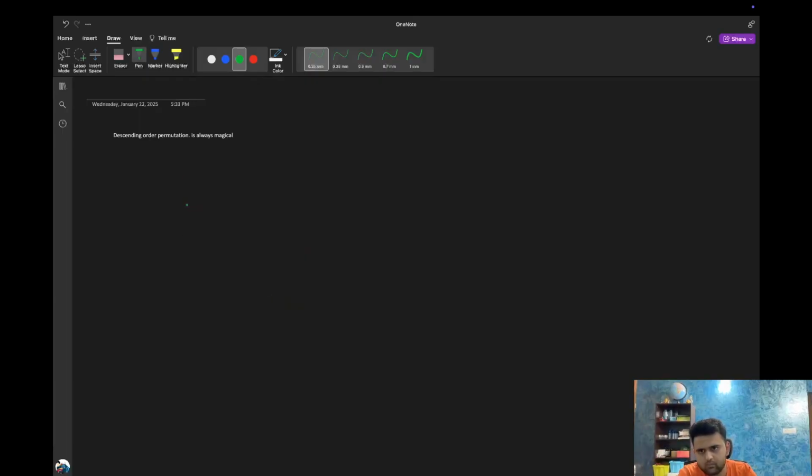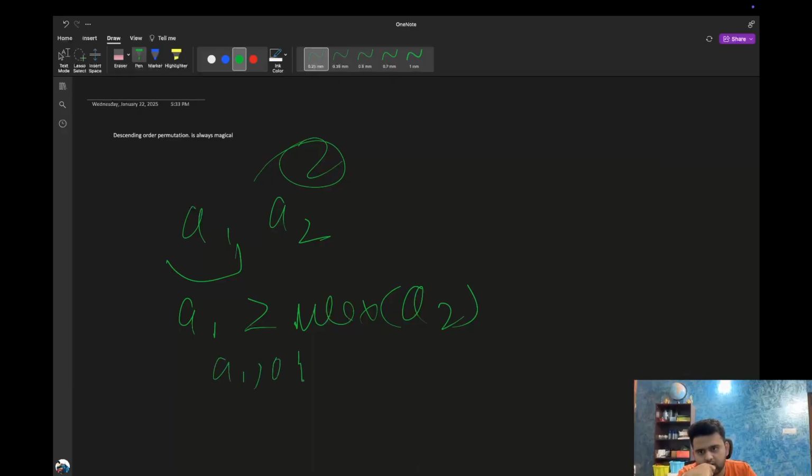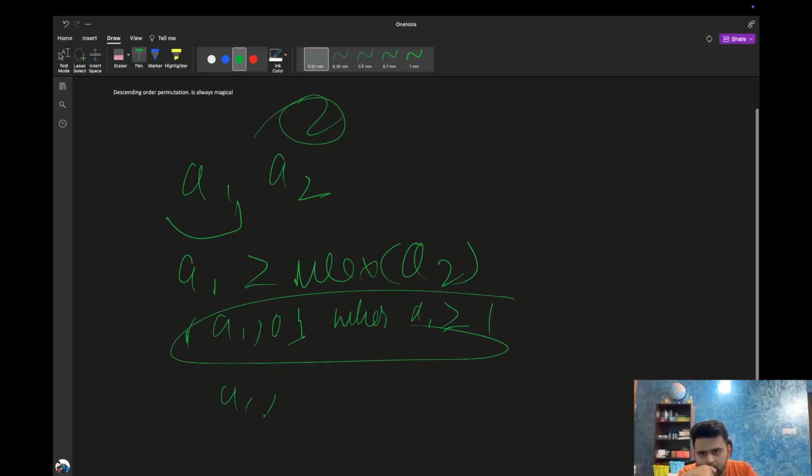So let's take minimum length. So one, what's two? On length 2 you have a1 a2, so a1 should be greater than or equal to max of a2, so you can have a1 comma 0 where a1 is greater than or equal to 1, or a1 comma x where x is greater than or equal to 1 and a1 anything.